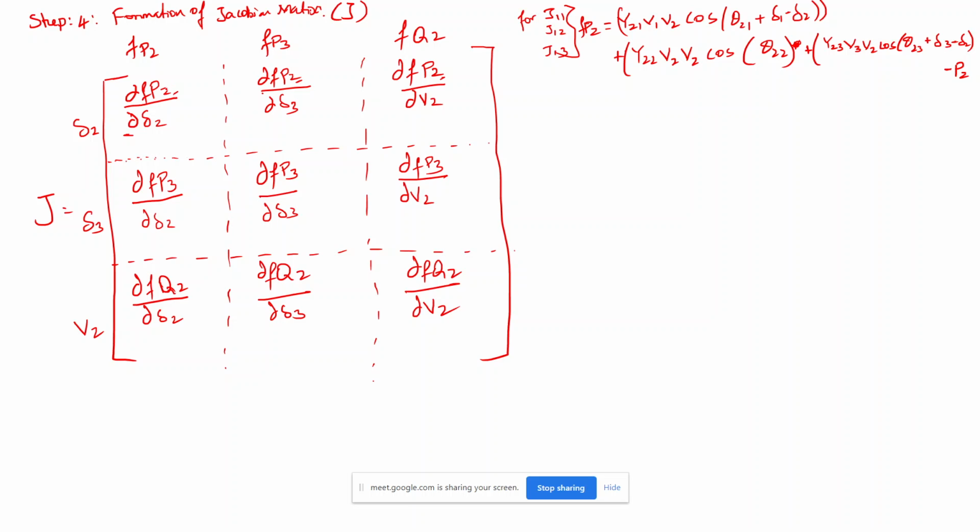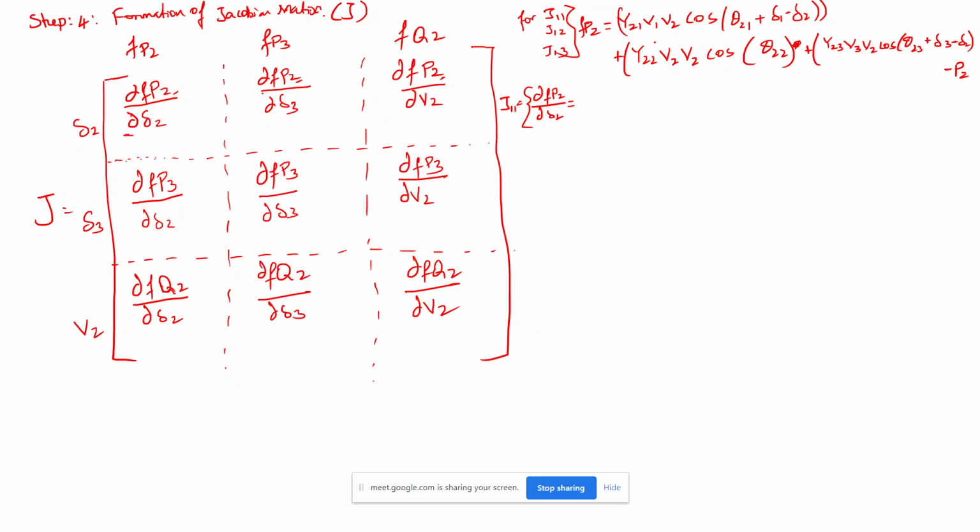For this P2 equation, J11 is nothing but dou FP2 divided by dou delta 2. Here we need to find out which part has del 2. Del 2 belongs to this cos, so the cos will give a minus sign, and already one minus is there, so minus times minus is plus.